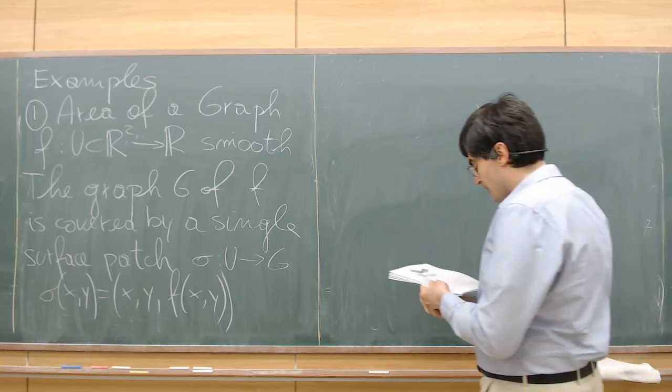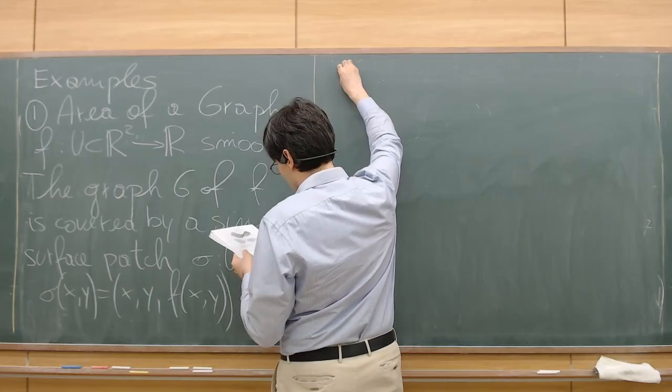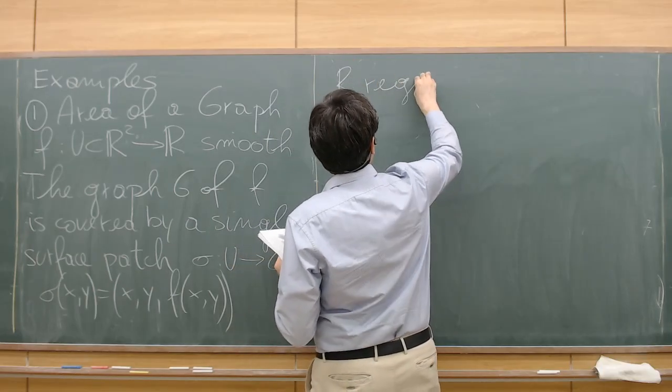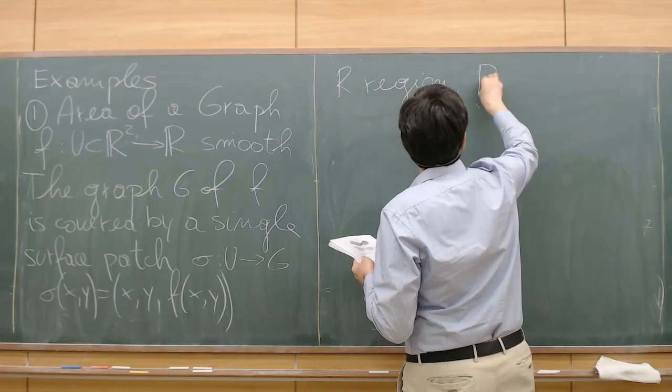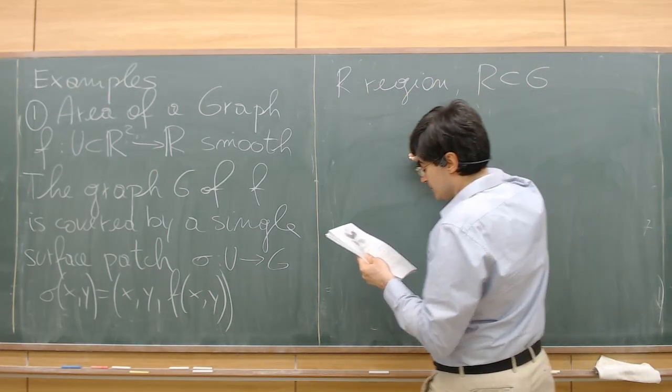So what is the area of a region R contained in the graph G?